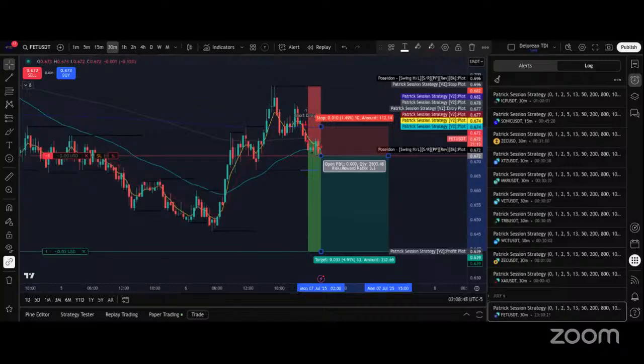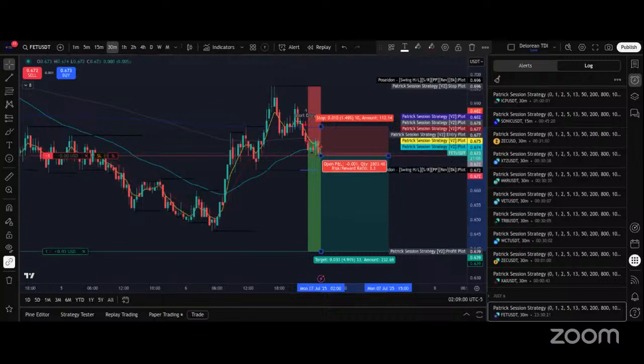It's going to be FET, USDT, FET versus the Tether. This is a 30-minute confirmation on market execution sell. Risk to reward ratio is going to be 3.30.